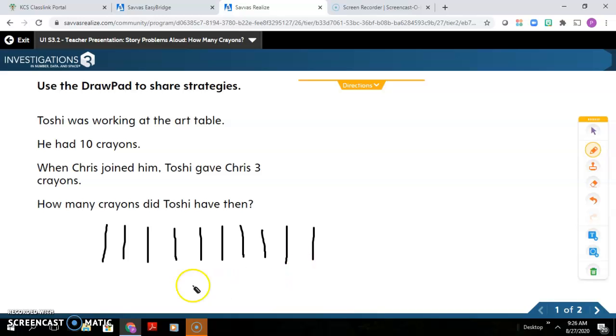Now, to make sure that I have 10, I'm going to number them. That's very important because sometimes you might accidentally draw too many or you might not have enough. So it's a good idea to always count by writing down, and you need to give yourself some space to write the numbers.